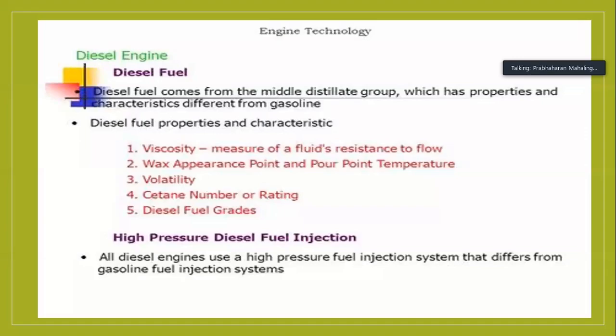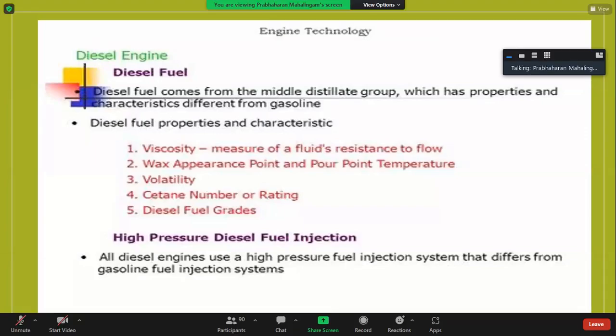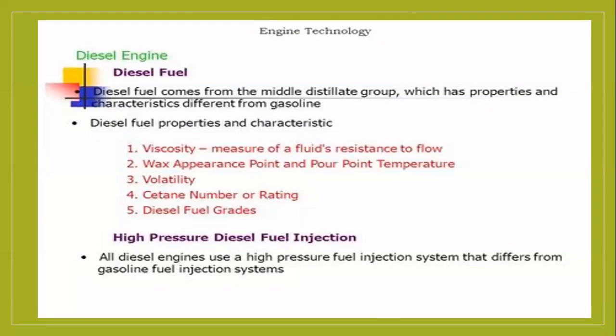So, diesel fuel properties and characteristics: viscosity, a measure of the fluid's resistance to flow. What is the meaning of viscosity? What is the definition of viscosity? A measure of fluid resistance to flow. Viscous fluids are difficult to move.